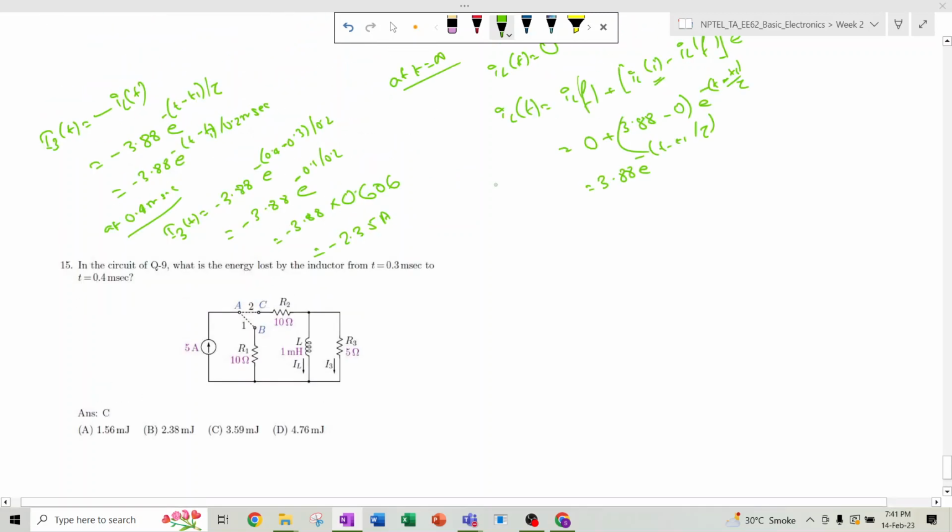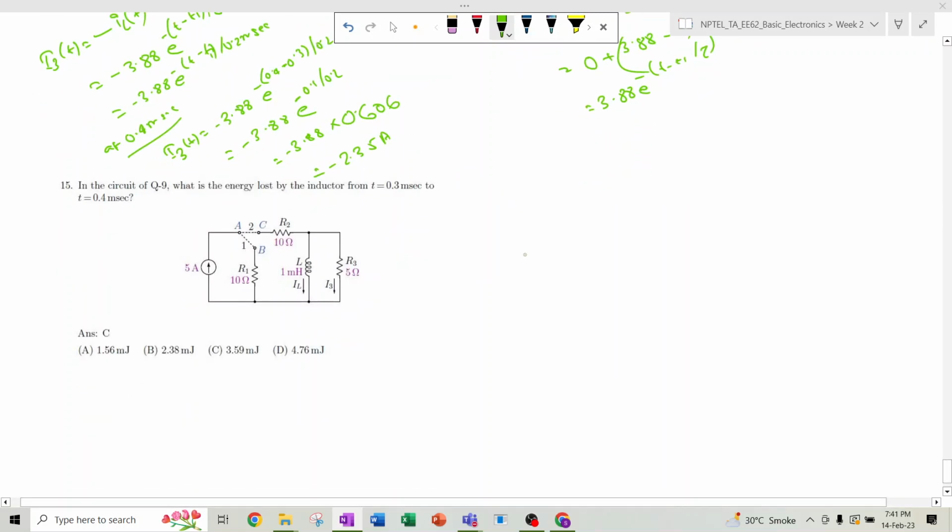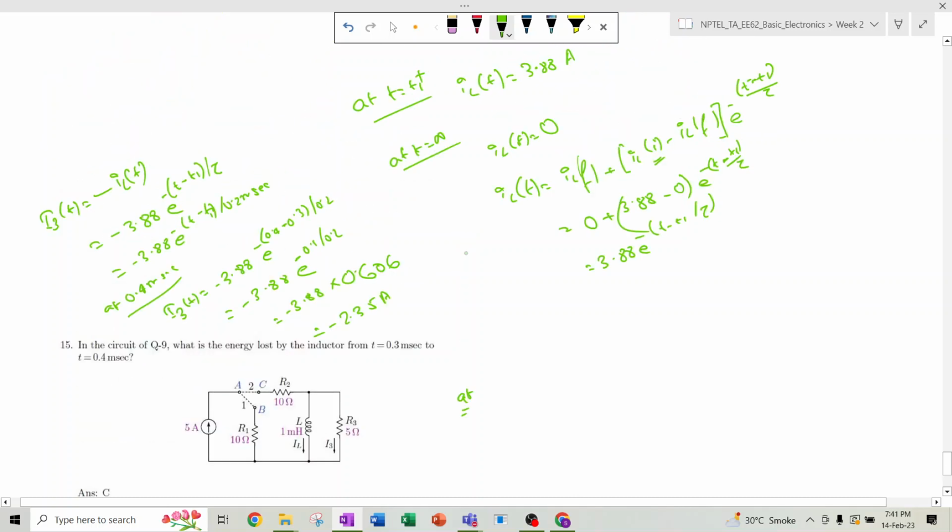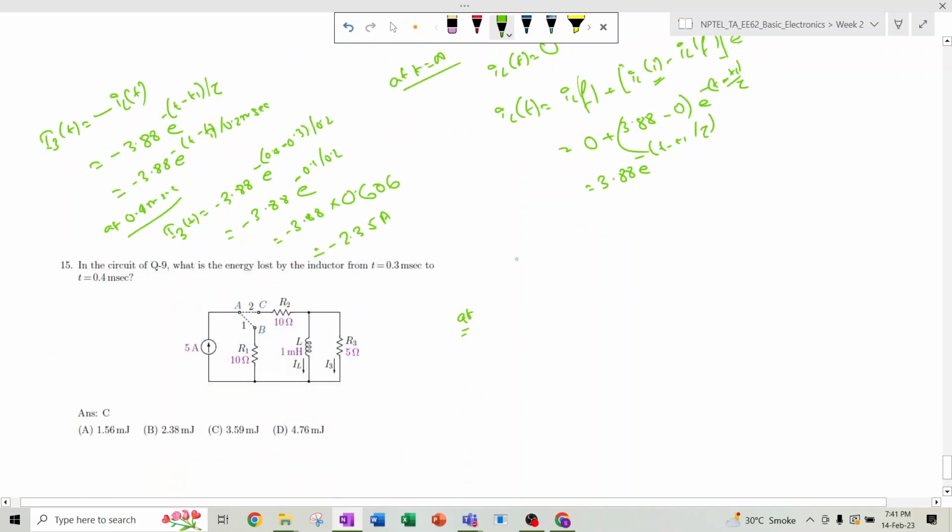So what we have already discussed, right? We have already determined the value at t equal to t1, that is 0.3 millisecond.